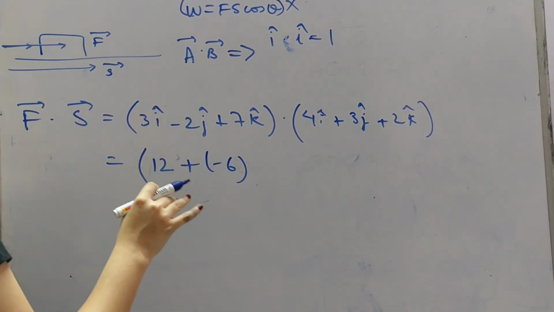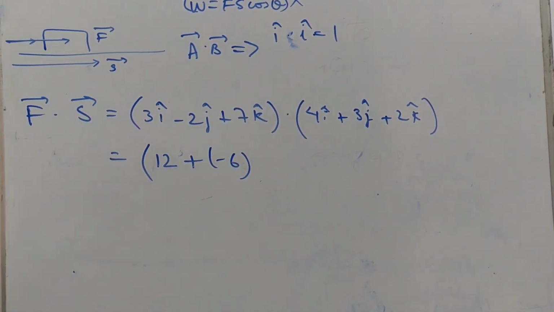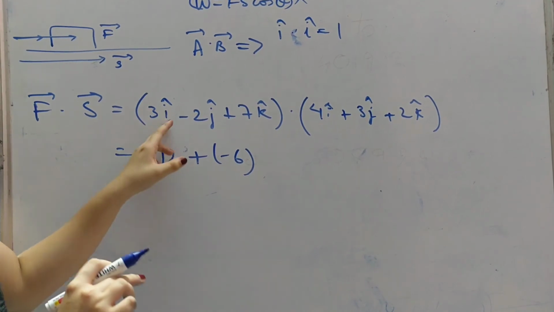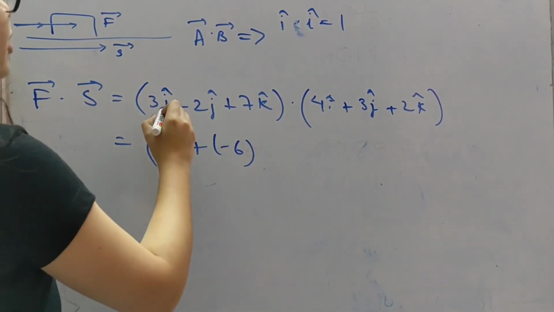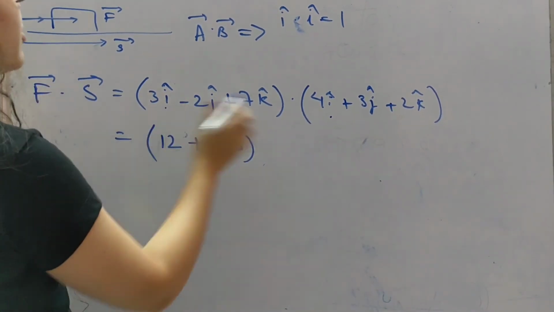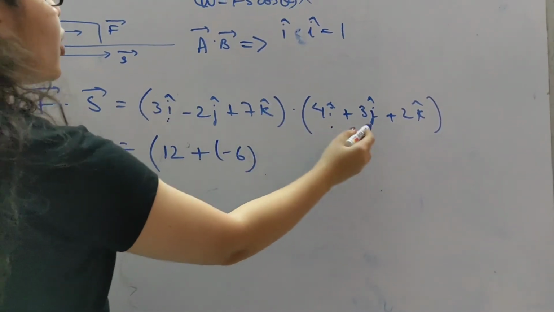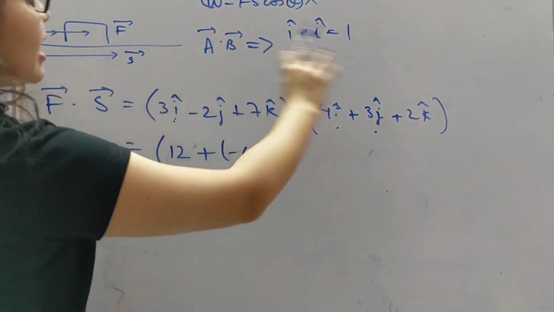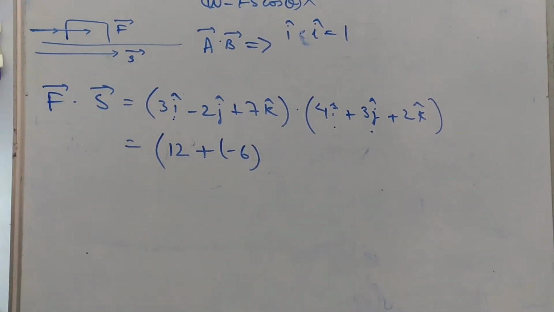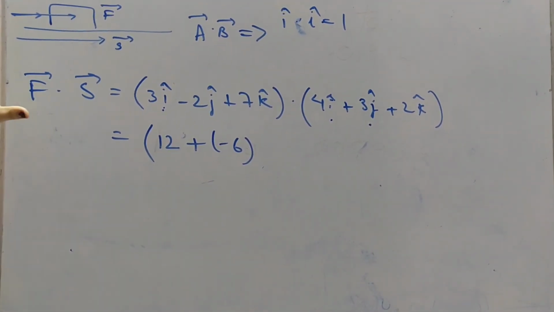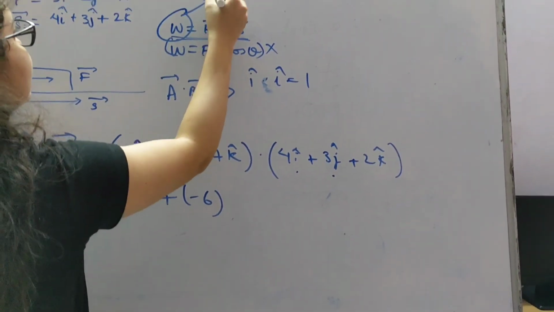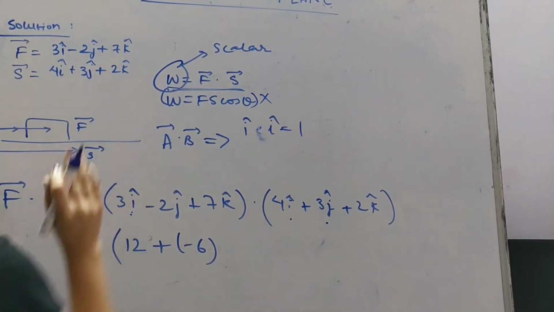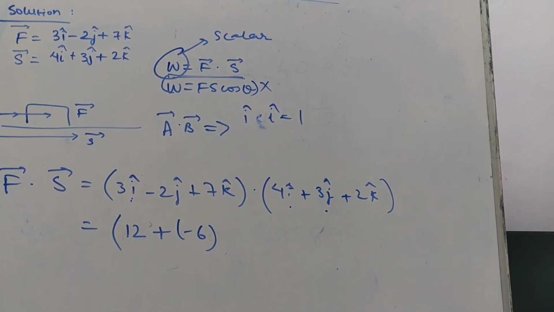Here you will observe one thing, whenever there is a dot product, all the directions have gone, all the unit vectors have just vanished, because I cap dot I cap is 1 and I cap dot j cap or j cap dot k cap, all of them are 0. So whenever there is a dot product, the result will always be a scalar. You know that work is a scalar quantity, so whenever you have a dot product, your result will be scalar.